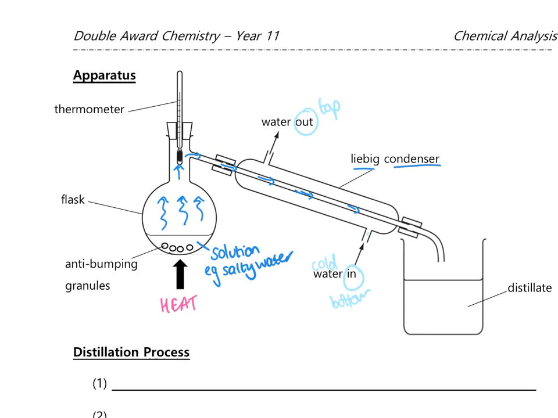So the cold water flows all around the outside of the condenser, but what it's really important to notice is that the cold water along the outside of the condenser never meets that steam that is flowing through the inside of the condenser, the inner tubing. So those are two separate tubes. So almost think of a toilet roll inside a kitchen roll.